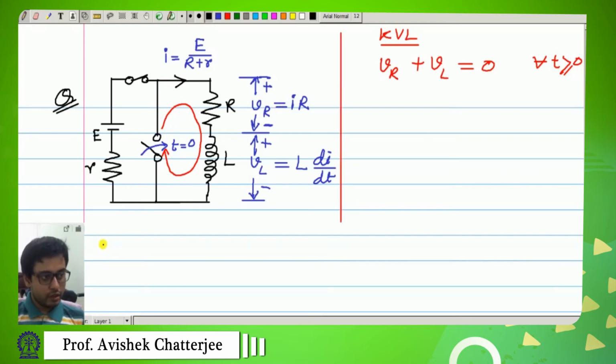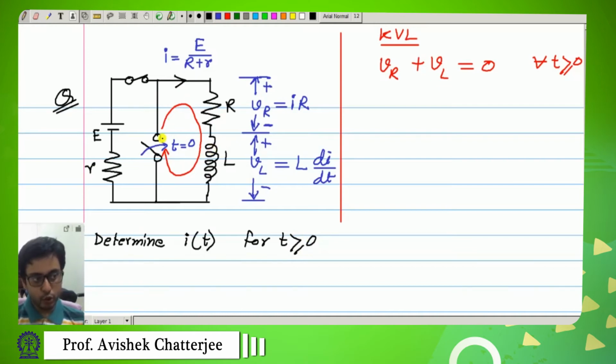Now we want to determine this current I as a function of time for t greater than or equal to 0. We want to know how this current changes through the inductor after you close this switch.